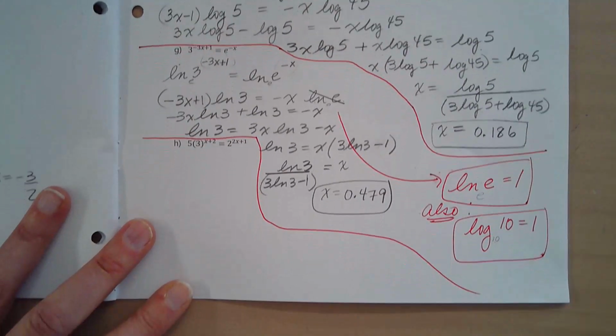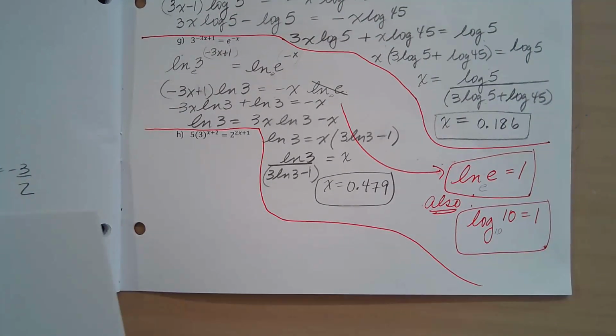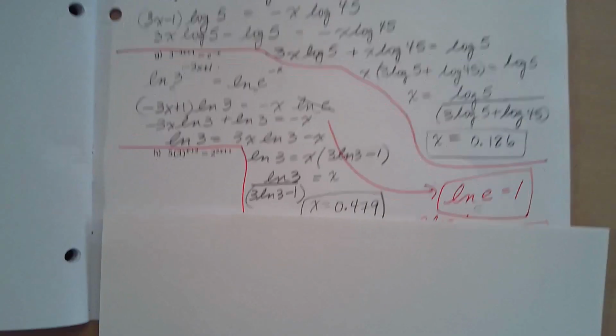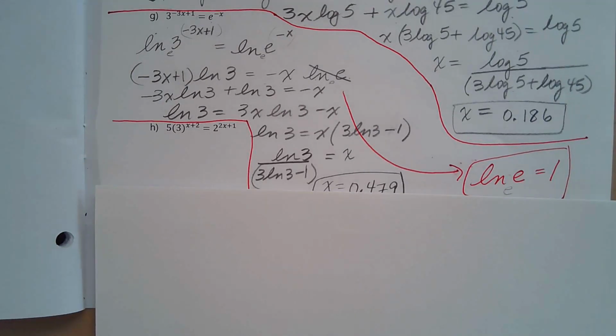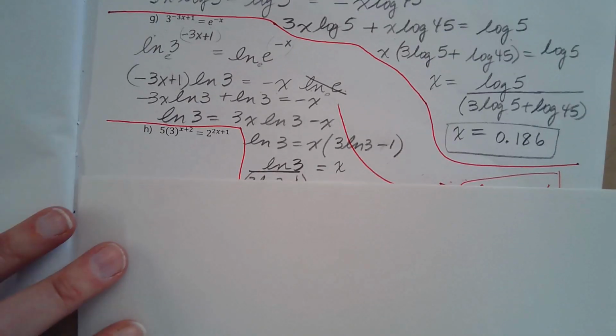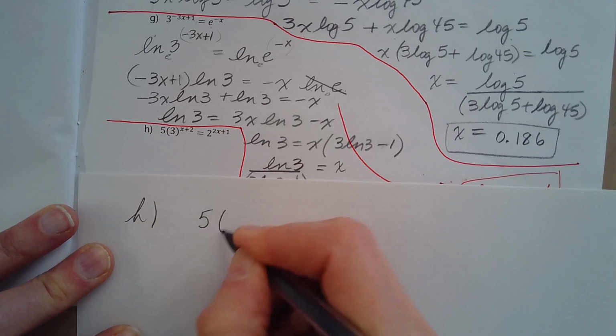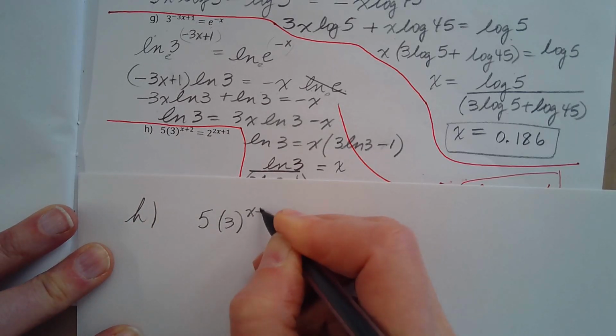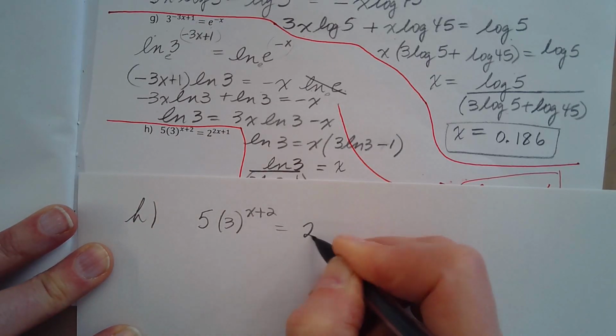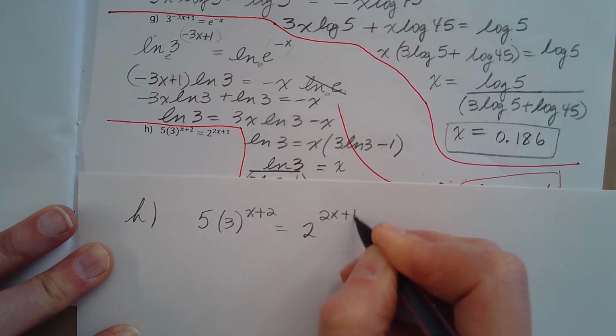Okay, so what do we have here? For sure I'm going to need more room for work, so I'm going to record mine on a different piece of paper. Okay, so I have 5 times 3 to the exponent x plus 2 equals 2 to the 2x plus 1.